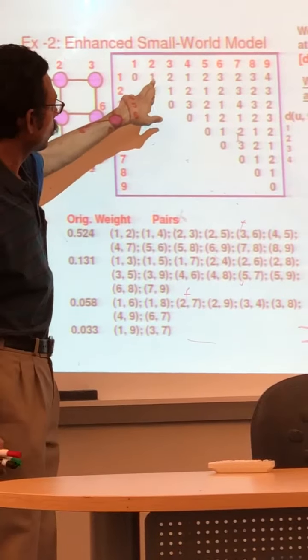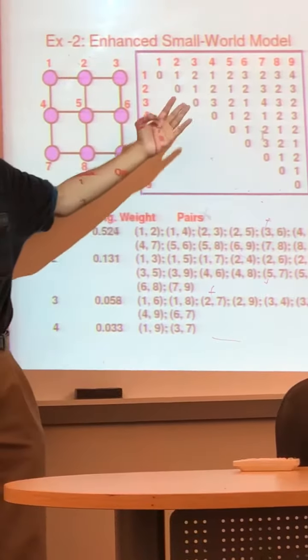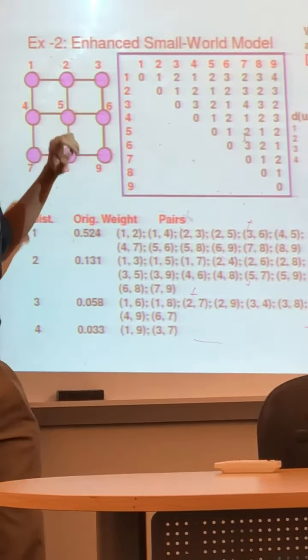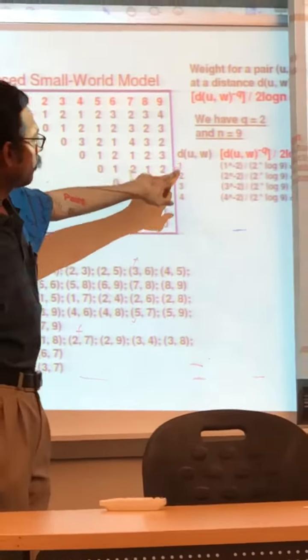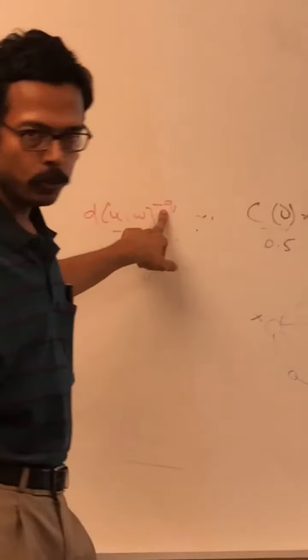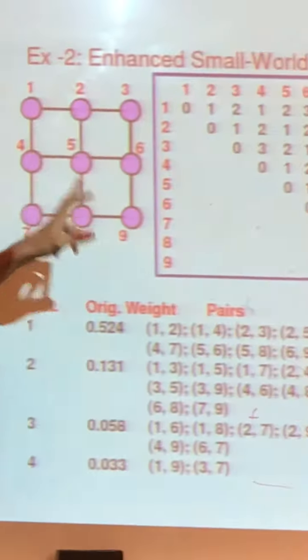The distance values are 1, 2, 3, and 4. So those are the distance values that are possible in this graph, right? So for those distance values, generate the weights. So for the distance of 1, the formula is d to the power negative q divided by 2 log n. So n is the number of vertices, so it is 9 here.